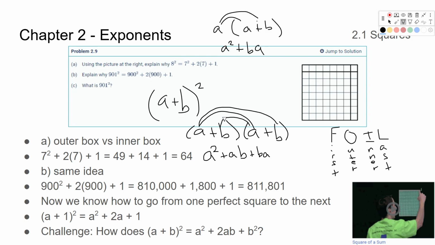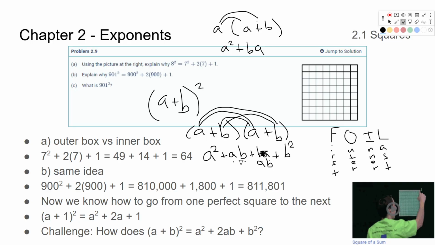And finally, last is B times B, which would be B squared. All right, so AB and BA look pretty similar. They're just swapped in order. But remember, multiplication is commutative, so we can change the order. So instead of saying BA, let's just say AB.